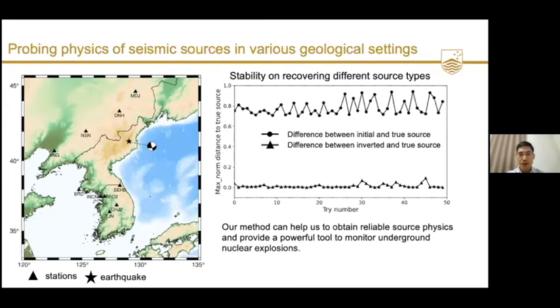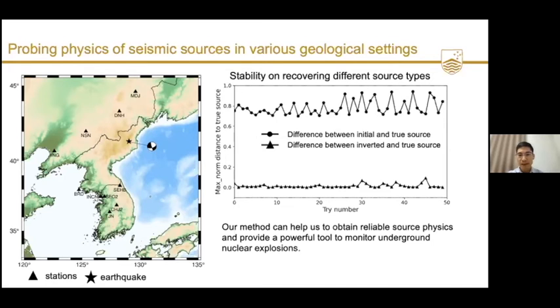To model a real scenario, we added the real noise of each station into the synthetic data. As shown here, we ran many tests inverting for different types of sources. Each time, the method can recover the source very well. We can see here that the difference between the inverted source and the input source is very small. This means they are almost the same. So we can see this new source inversion method is reliable.